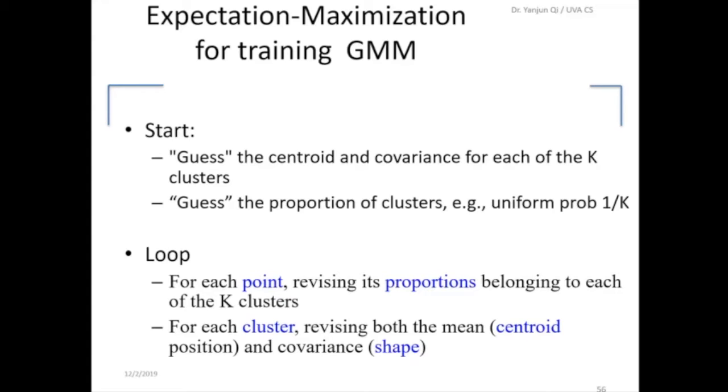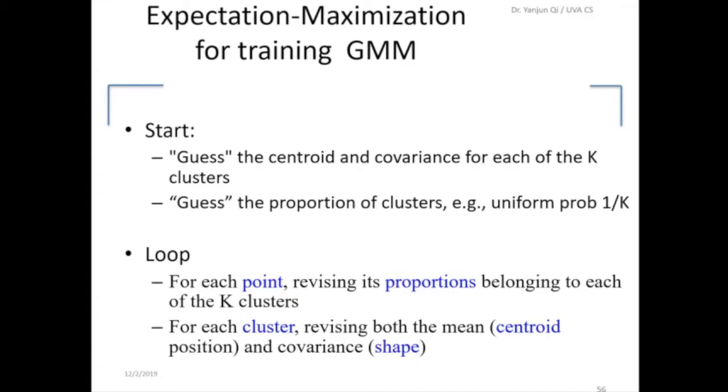There may be a dominating cluster, and there are smaller clusters. You need a parameter representing how much each cluster dominates the points. So maybe from the beginning you can just assume the probability of each cluster is uniform, 1 over k.